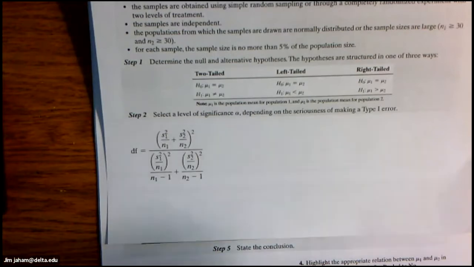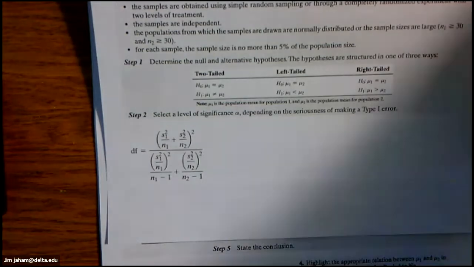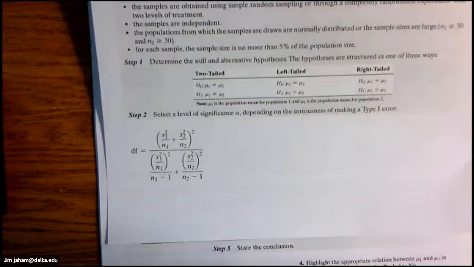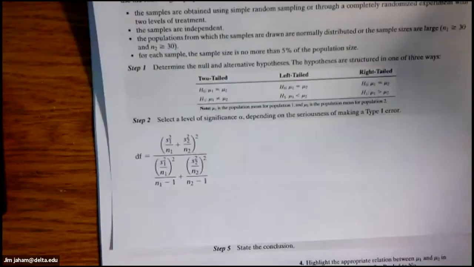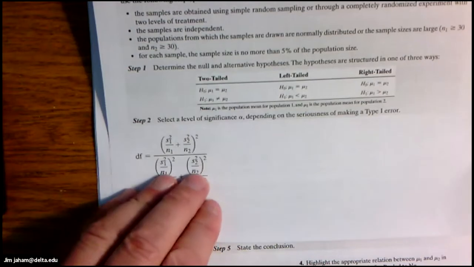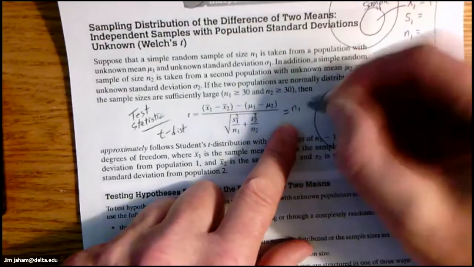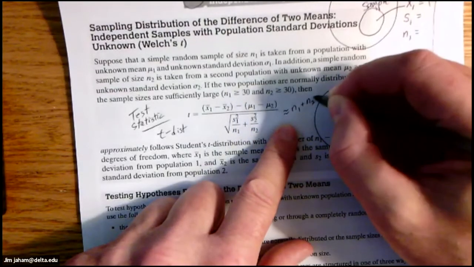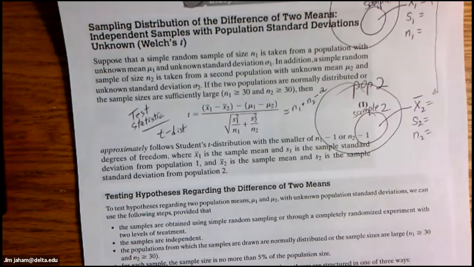So we're not going to be able to go to our t table and figure out what the critical values are, because this assumes that we have a degrees of freedom that is equal to a whole number. So we'll only be using the p-value approach on this particular test. If you wanted to estimate the degrees of freedom, it's approximately equal to n1 plus n2 minus 2. You could estimate it that way.